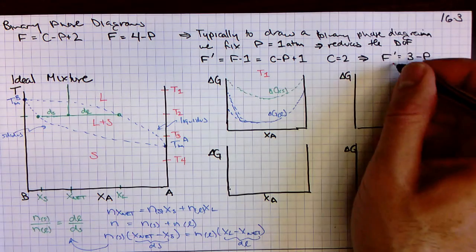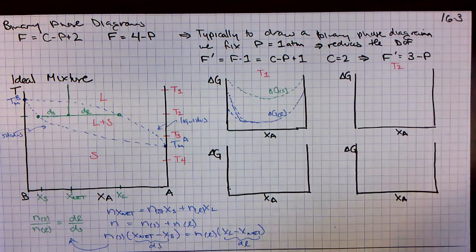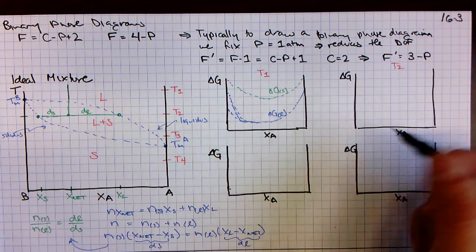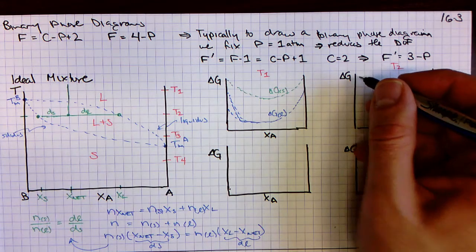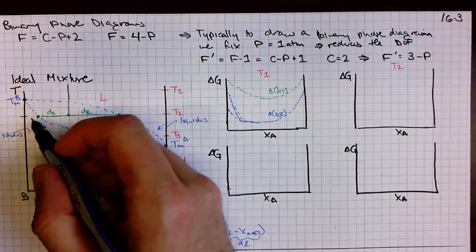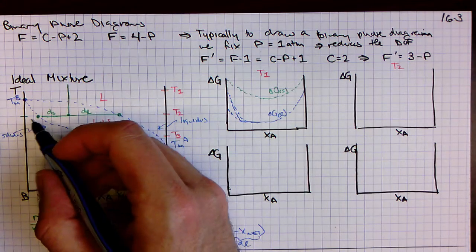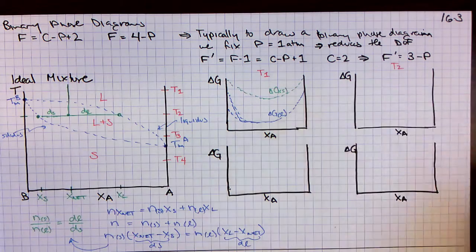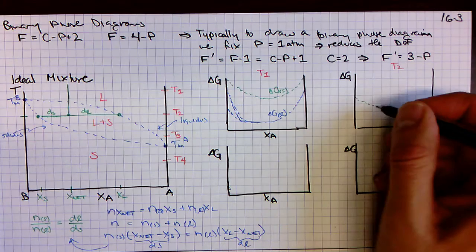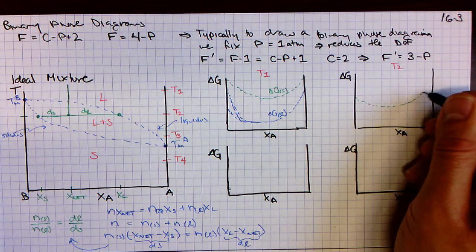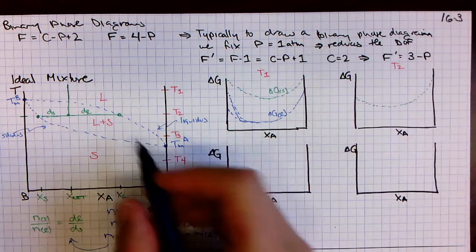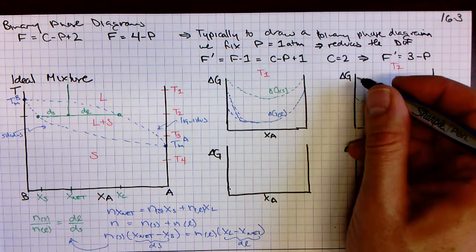Let's go to T2. At T2, something funny has happened. Now we have both liquid and solid. So we know that on this part of the phase diagram, the solid is lower in free energy than the liquid. So we have solid here. And at this side, the liquid is lower in free energy.